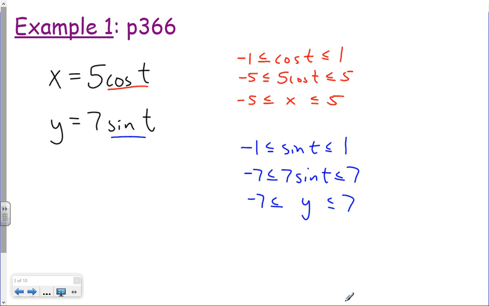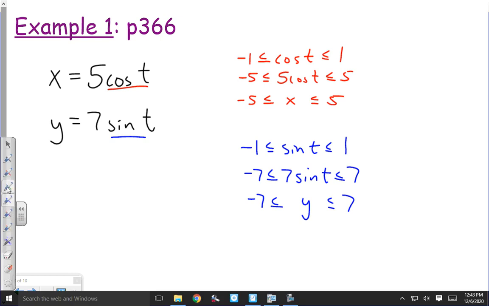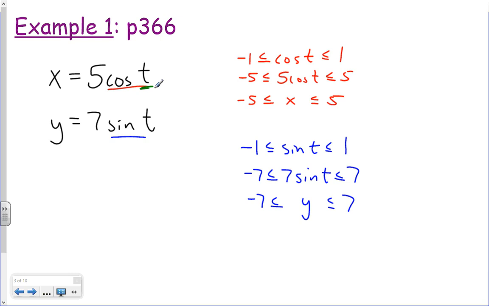I do not know anything else about what the graph's going to look like, but I do know that it's going to be somewhere between my x's of -5 to 5 and my y's between -7 to 7. In fact, we can even think about perhaps what domain would make sense for t. Look at the t value that you're plugging in. You're plugging t into that trig function. In the x equation, you're plugging into cosine, and in the y equation, you're plugging into sine.